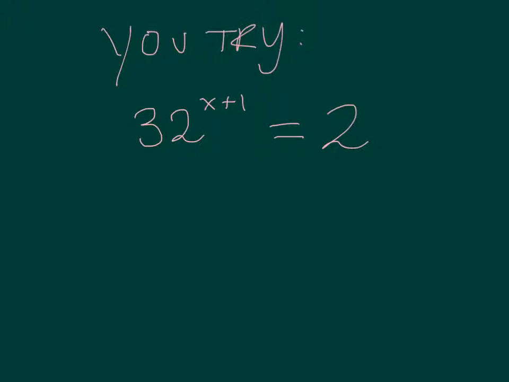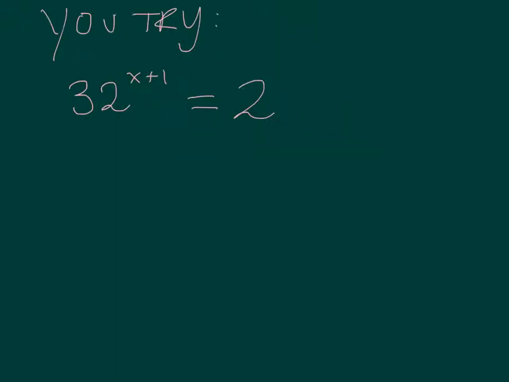Okay, try this one. I have 32 to the x plus 1 is equal to 2. I look at my bases on the left and on the right, and I notice that I have 32 and 2. I don't have much of a choice here because this 2 is fixed.